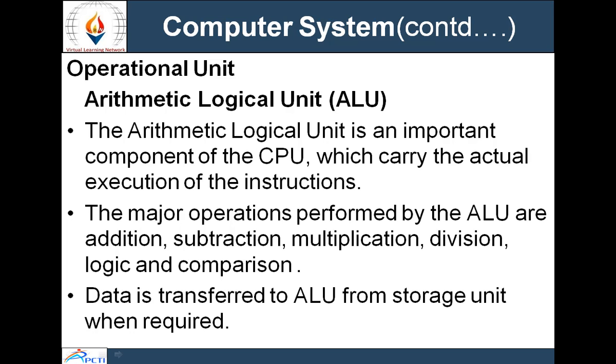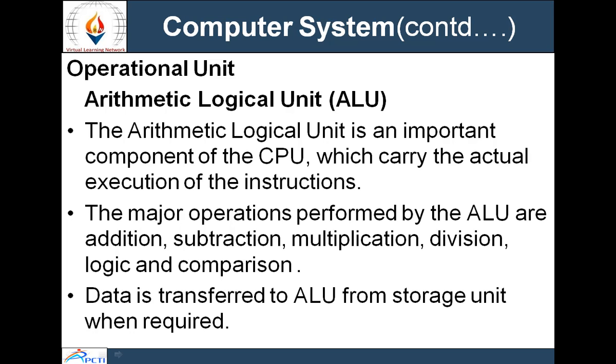Operational unit. The computer allocates the task among its various operational units. These are arithmetic logical unit, control unit, central processing unit. Let's start with ALU, arithmetic logical unit. The arithmetic logical unit is an important component of the CPU, which carries the actual execution of the instructions.